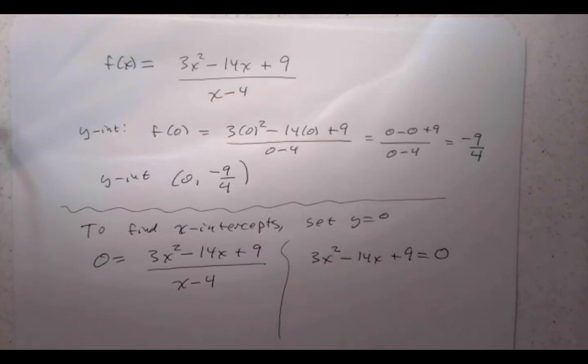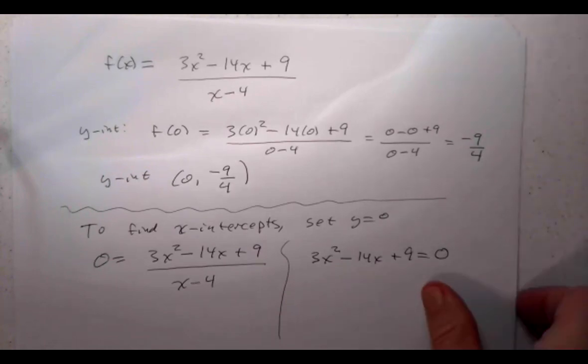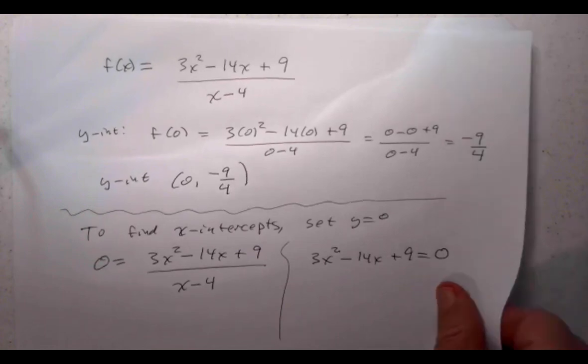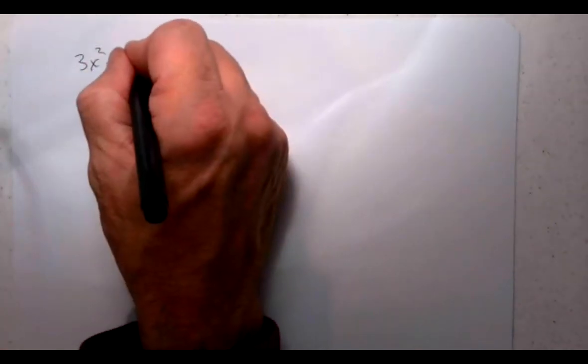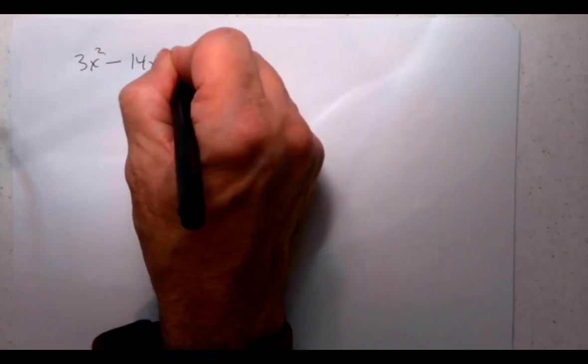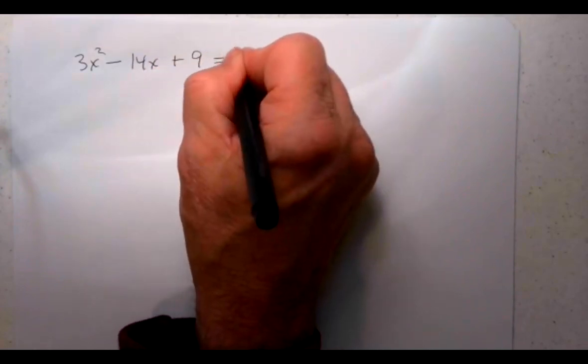So how am I going to do that? The quadratic formula, I believe, is my most efficient strategy for that. So let's do it. What do we have? 3x squared minus 14x plus 9 is 0.